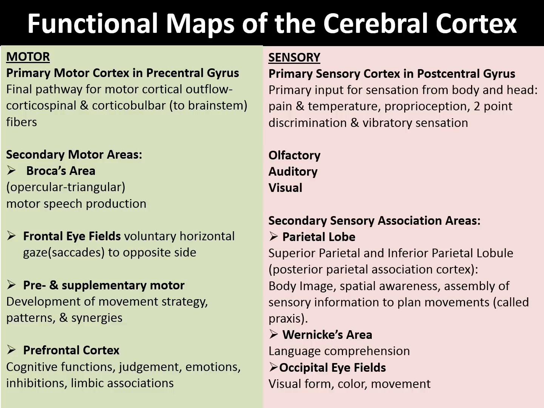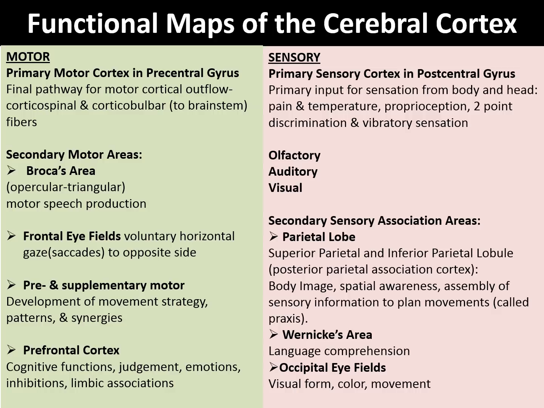We can take the brain in two major different roles and identify major motor functions and sensory functions that are rather distinctly mapped out on portions of the brain and identify some of the functions associated with these regions. So for primary motor cortex, we're talking about the precentral gyrus, a primary origin of corticospinal and corticobulbar fibers.